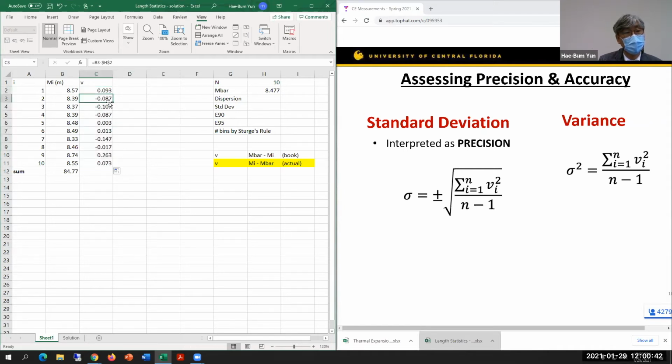If I click the second one, the first one is B2 minus this, right? And the second one is B3 minus this one. By putting the dollar sign, we always fix the location for M bar, okay? To change this, you can either type the dollar sign or press F4. Do you have any questions so far?